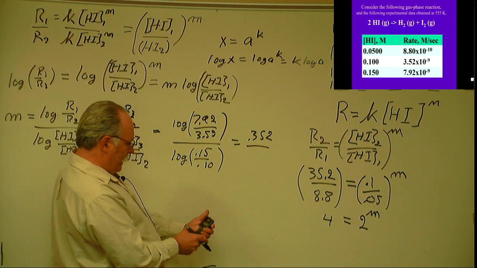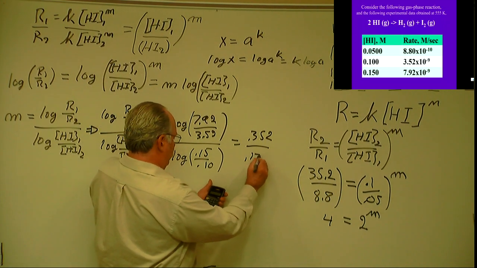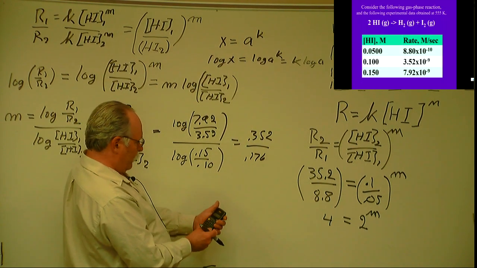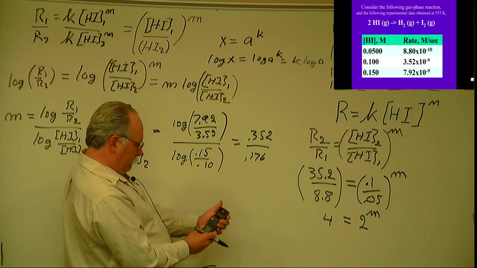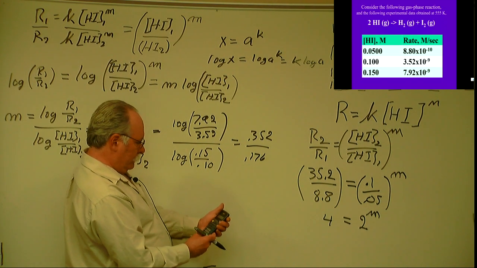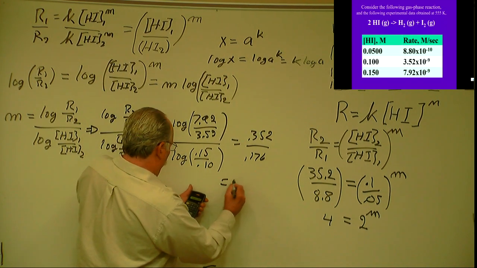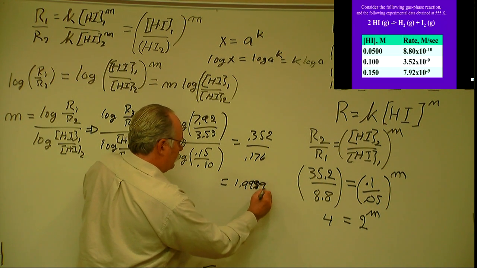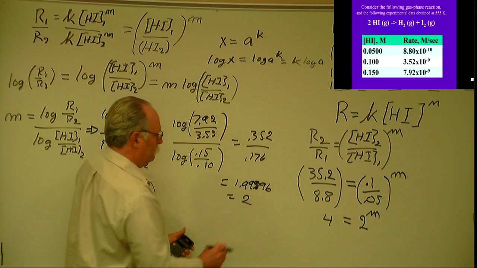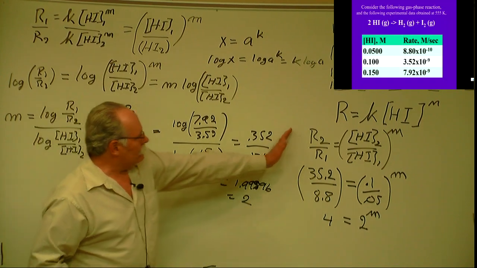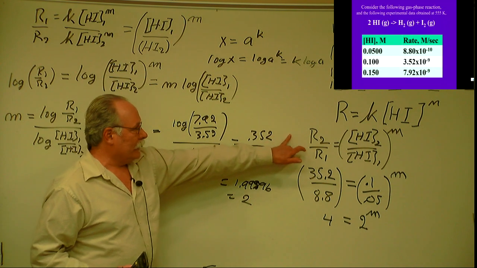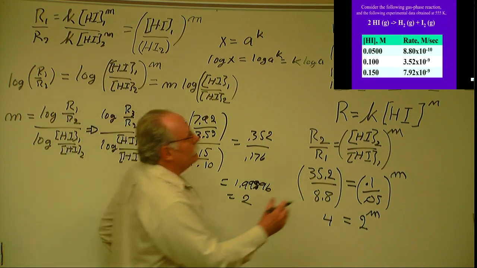And the log of that is 0.176. If I take the reciprocal of that, multiply by 0.352, I get 1.99896, which equals 2. So realize this was much easier and actually came up with a more exact answer because I truncated these. Okay, so I know this is 2.